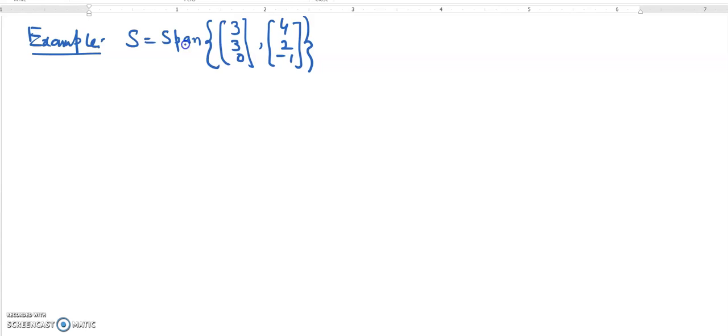By the span we mean that we can have any linear combination of these two vectors, and then that will be the full set.